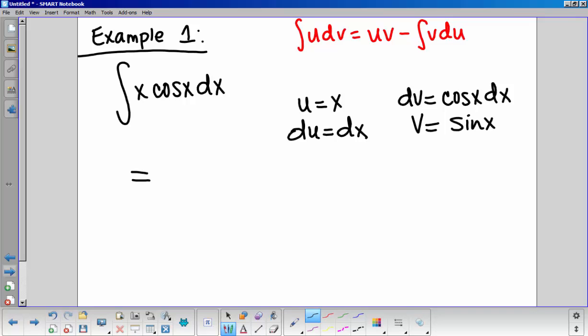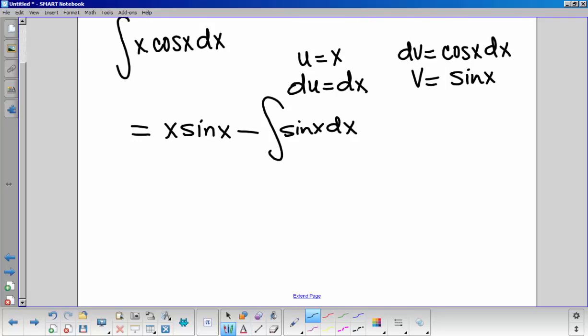So this integral is going to equal, what's u times v? x sine x, good, minus the integral of now v du, which is going to be sine x dx. And we know the antiderivative of sine x is negative cosine x.